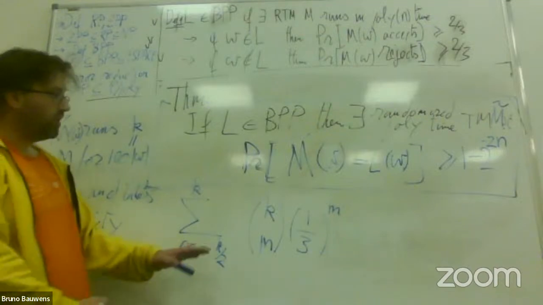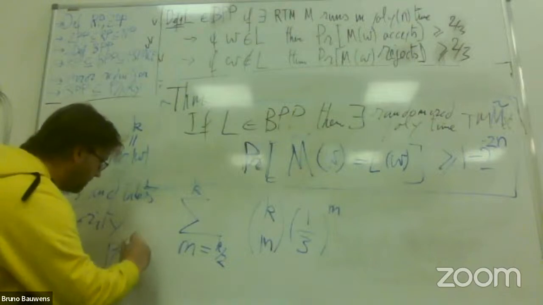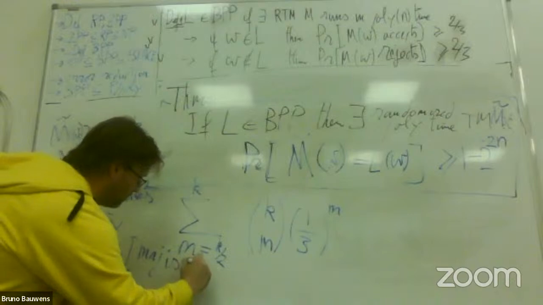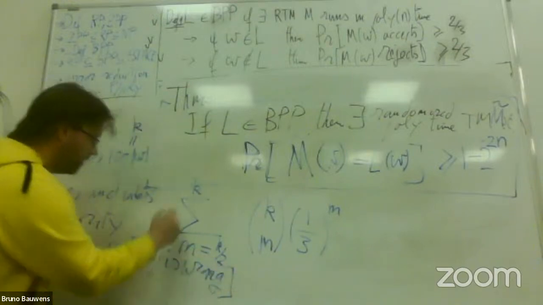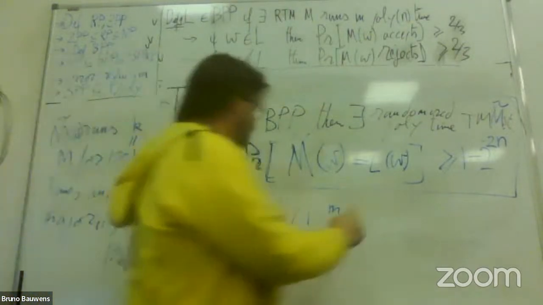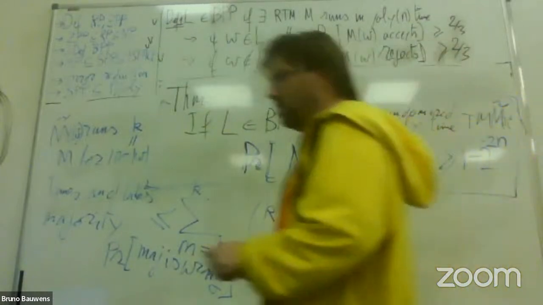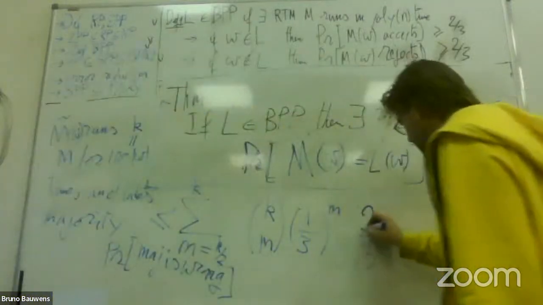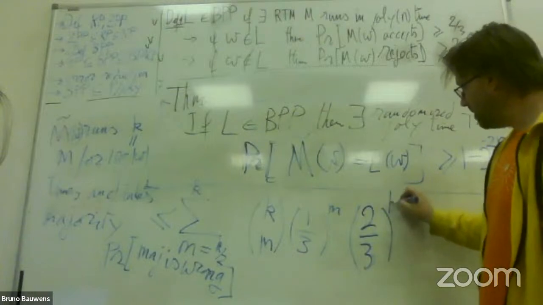So I'm bounding the probability that the majority is wrong, and this is bounded by the binomial coefficient times 1/3 to the M and 2/3 to the K minus M.